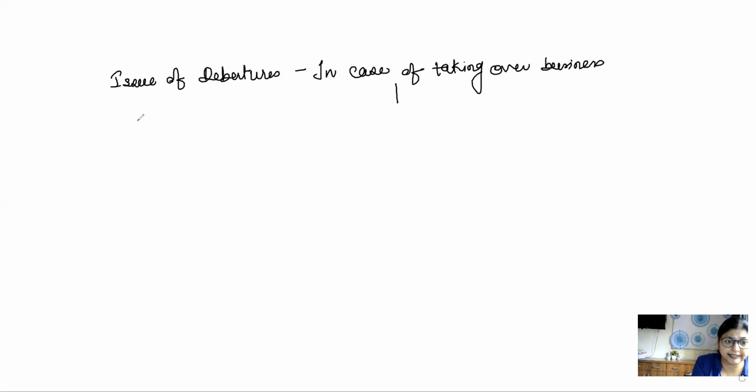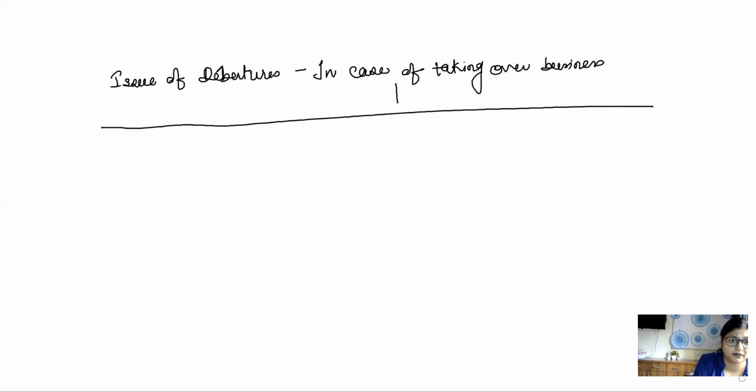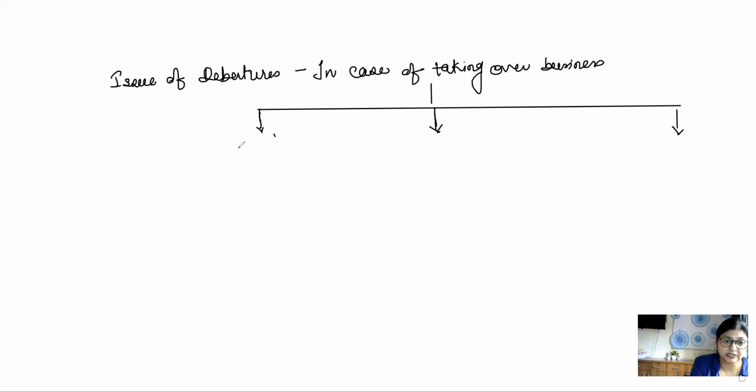There can be three types. Where debentures can be issued at par.